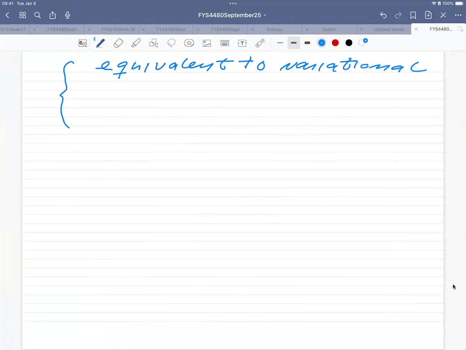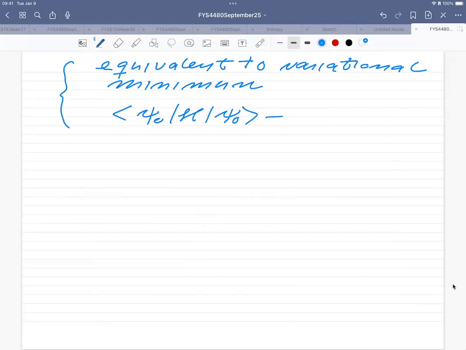We are coming back to that when we are looking at Hartree-Fock theory. To a variational minimum, where we now have a problem like this: psi 0, and then we have a Hamiltonian here of psi 0, minus a parameter which is called a Lagrangian multiplier, which you have due to the constraint of orthogonalization, and obviously we want it to be normalized.